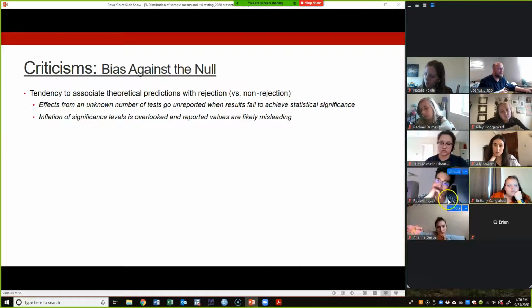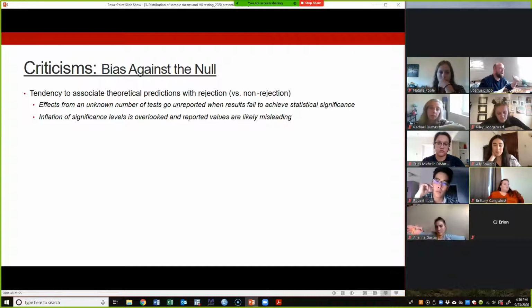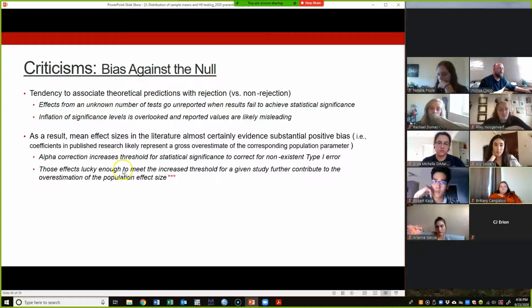We also see this with p-hacking, right? I ran 50 different analyses. One of them worked, probably just by chance, and so that's the one I report, right? And so as a consequence, effect sizes based on the literature are almost certainly wildly overestimating the true effect sizes we should expect in the population, okay?